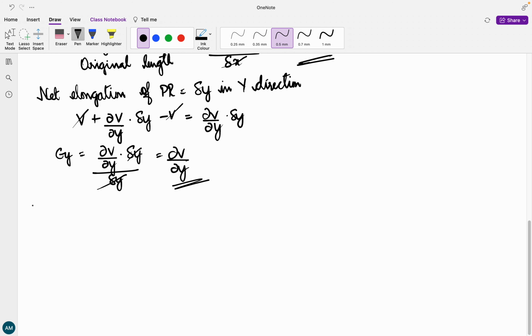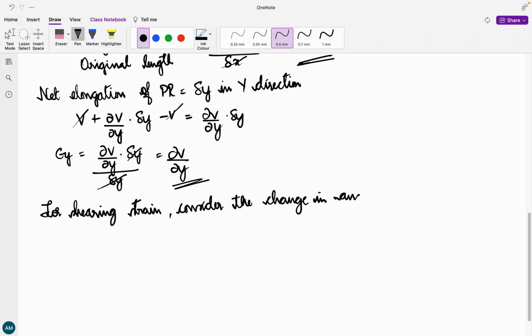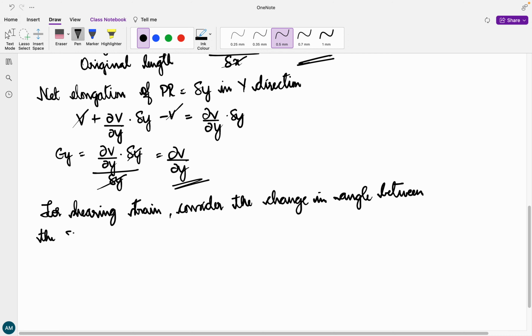For shearing strain, let us consider the change in the angle between the two line elements.